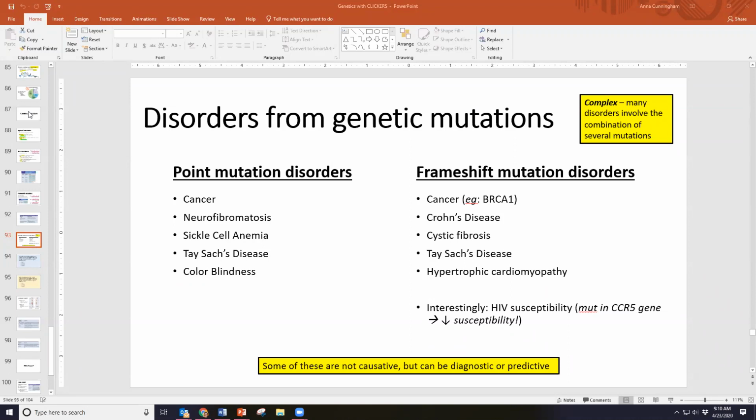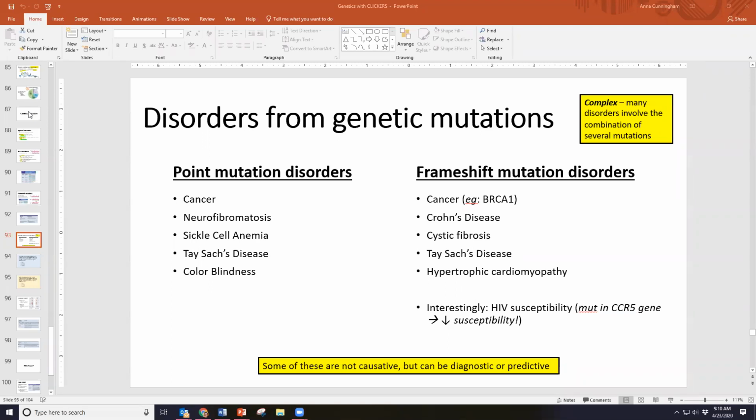So your phenotype right now is not a result of that classical view of one gene equals one protein. It's all of those regulatory elements that are involved as well. So when we talk about genetic mutations, it's very, very rare to say that one mutation is what is causing a genetic disorder.